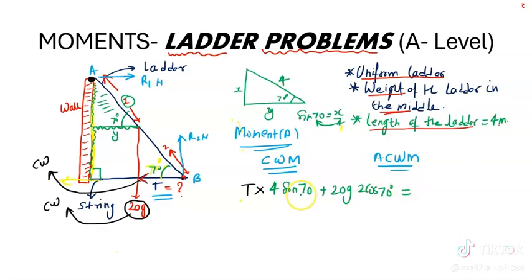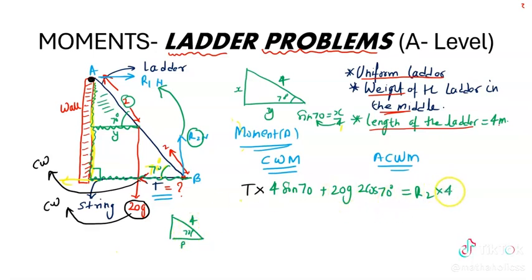Now the anti-clockwise moment. The only anti-clockwise moment is R2, going like this towards it. So we can write down R2, and with R2, what should be the perpendicular distance? This will be the perpendicular distance here. If you take the triangle here, this is 4 and this is 70 degrees, and suppose this distance is P, so it should be 4 cos 70 degrees.